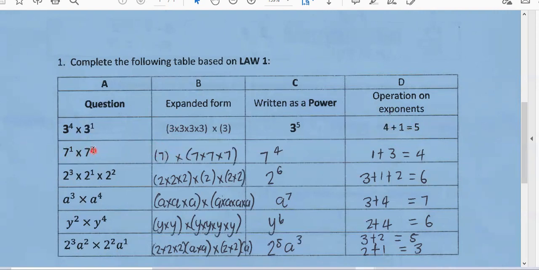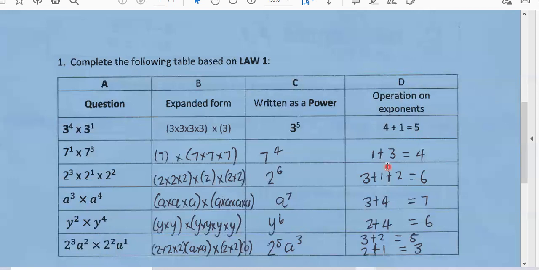That means the 3 over here is telling me I must multiply the 7 3 times by itself. Then write it as a power. The base in this case is going to be 7. Then you're going to add your 2 exponents. In this case, we're going to go 1 plus the 3 to give you an answer of 7 to the power of 4.